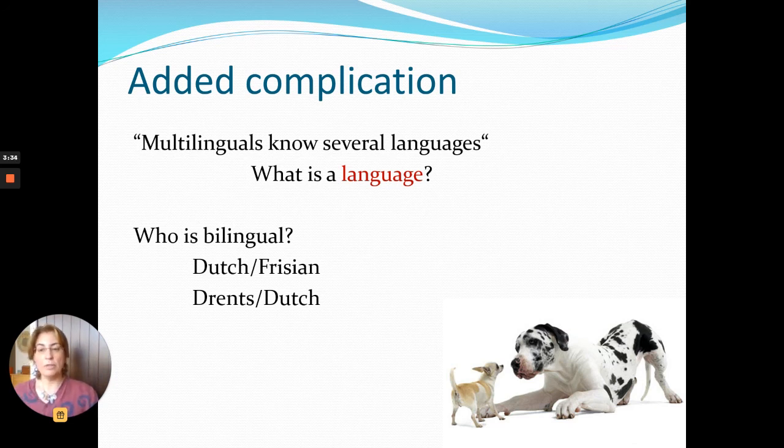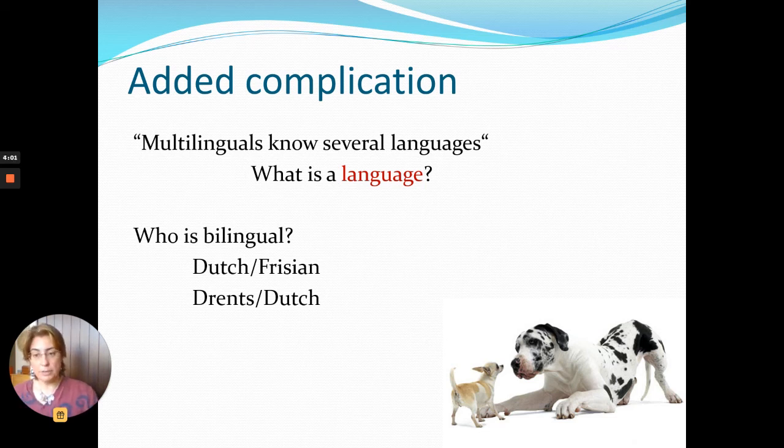Now, what counts as a language or a dialect is mostly, as you have likely and hopefully seen in other classes, a political rather than scientific decision. So that Frisian is considered a separate language, while Drents is not quite, has very little to do with scientific considerations.